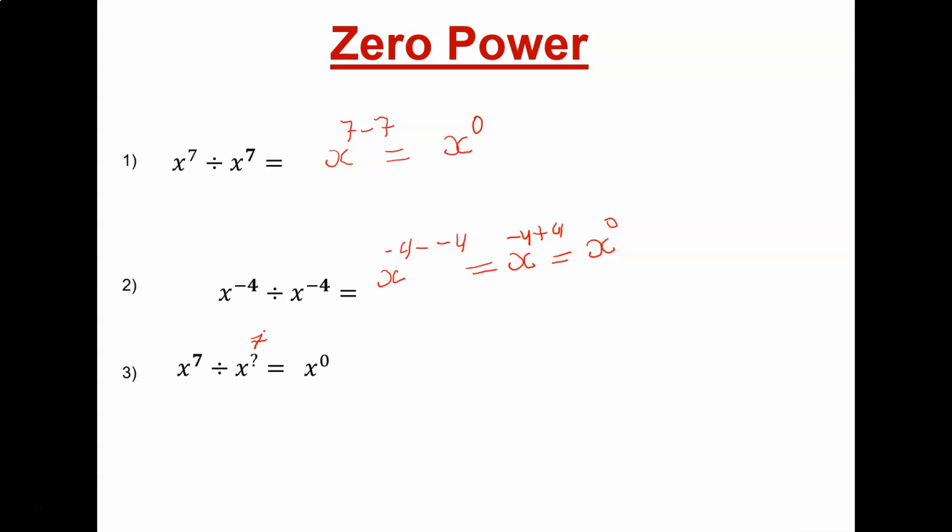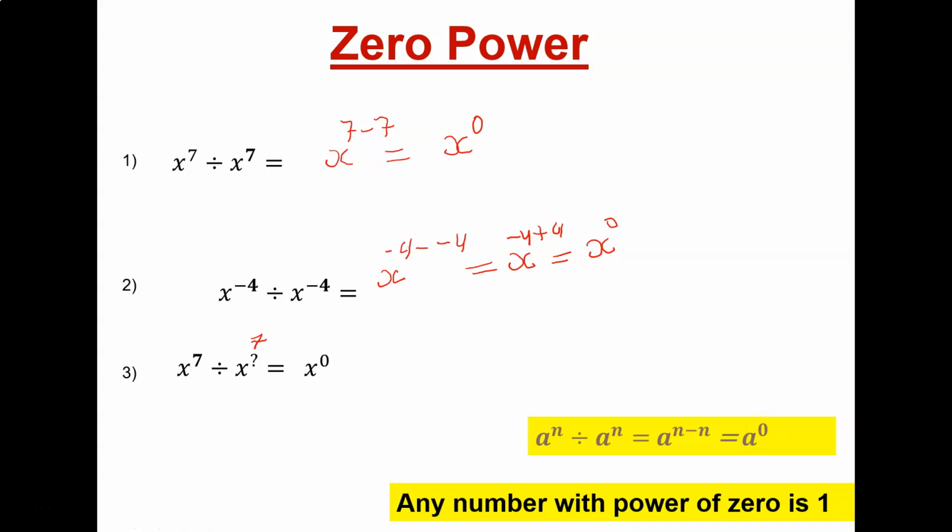Now, what's happening here? What's taking place here? Now we say if you have two numbers, and the base is the same, and the power is the same, if you take away, you end up with a number with the power of 0. But a number with the power of 0 is always 1. Why? Because if you divide two same numbers, 9 divided by 9 gives you 1.